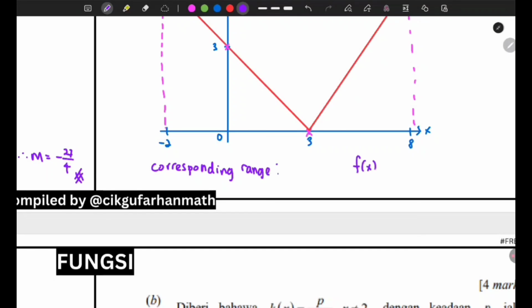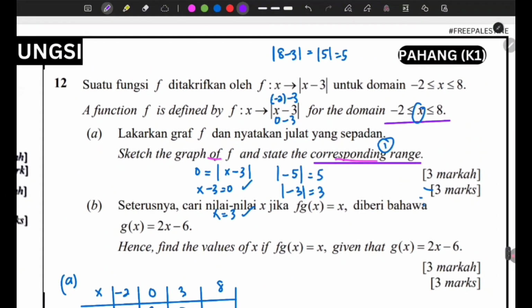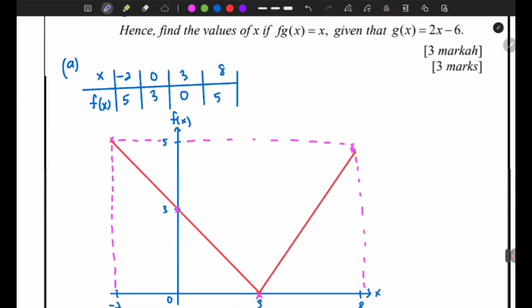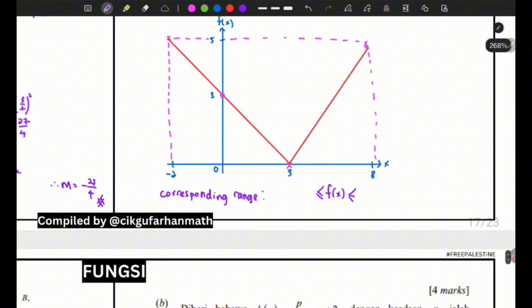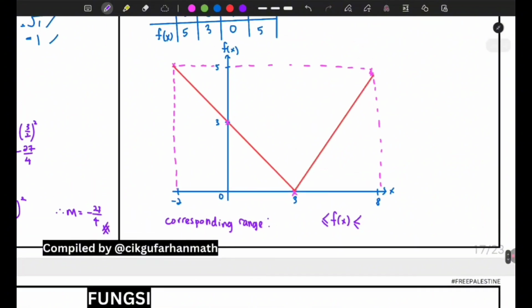So your f(x), follow this. If the arrow is this side, then you also do that side. So here, look at the f(x). This is the f(x) line. So the minimum and the maximum.